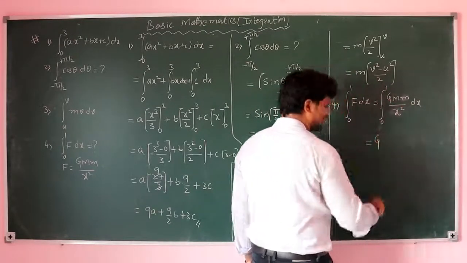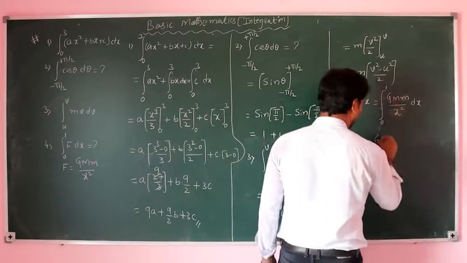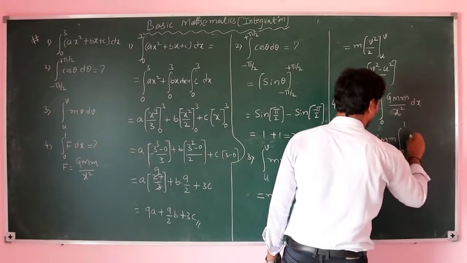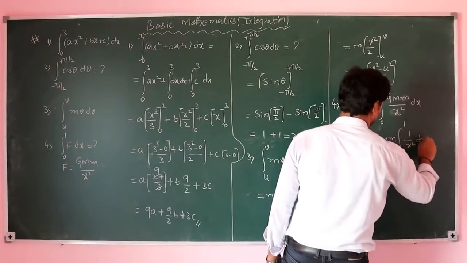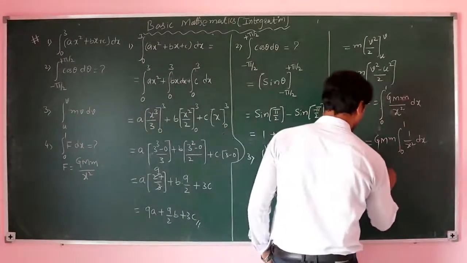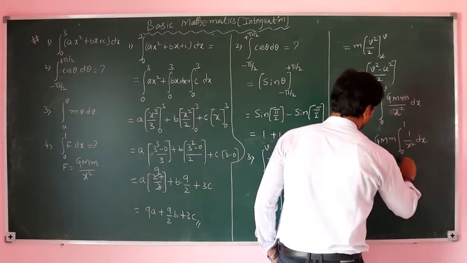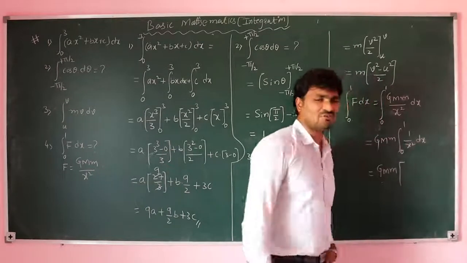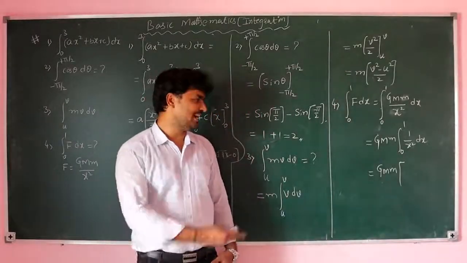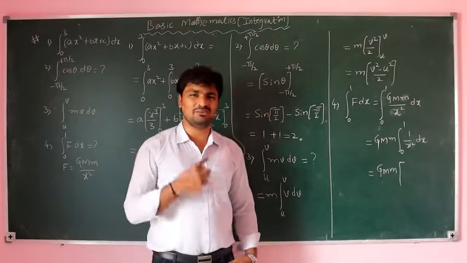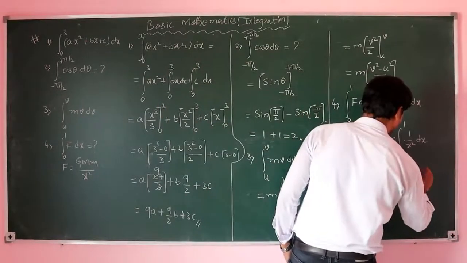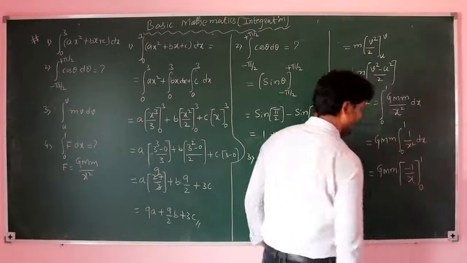G, the gravitational constant, is constant. Mass of the earth is constant. Mass of the body is also constant. So from 0 to 1, 1 by x square dx. We can write 1 by x square as x to the power of minus 2. Then x to the power of minus 2 plus 1 by minus 2 plus 1 gives minus 1 upon x, from 0 to 1.